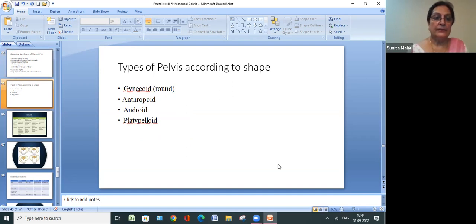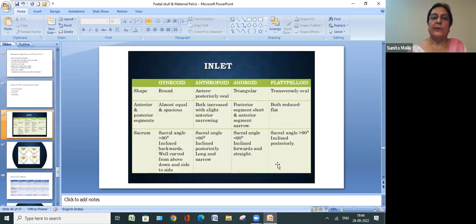Now coming on to the types of pelvis according to the shape, we have 4 types: gynecoid, anthropoid, android, and platypelloid. In gynecoid, the shape of the inlet is round. Anthropoid is an AP oval inlet.